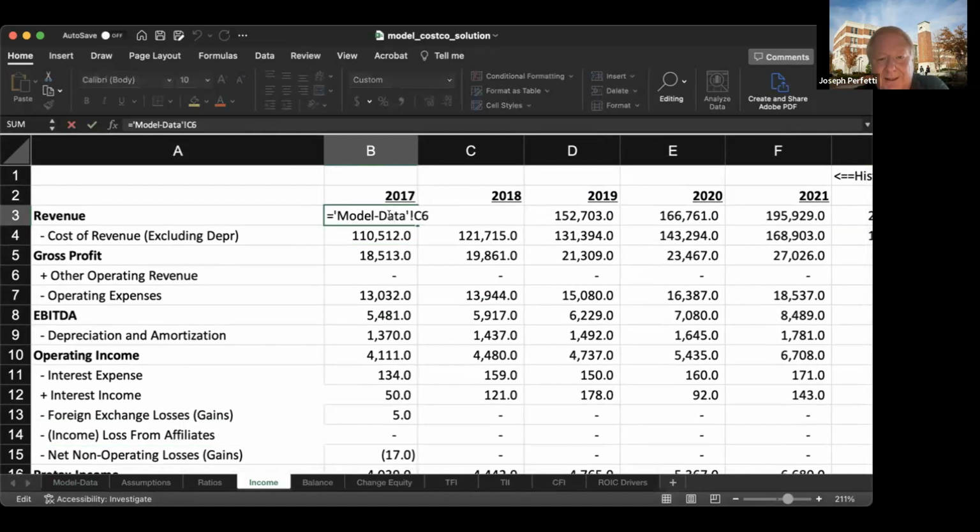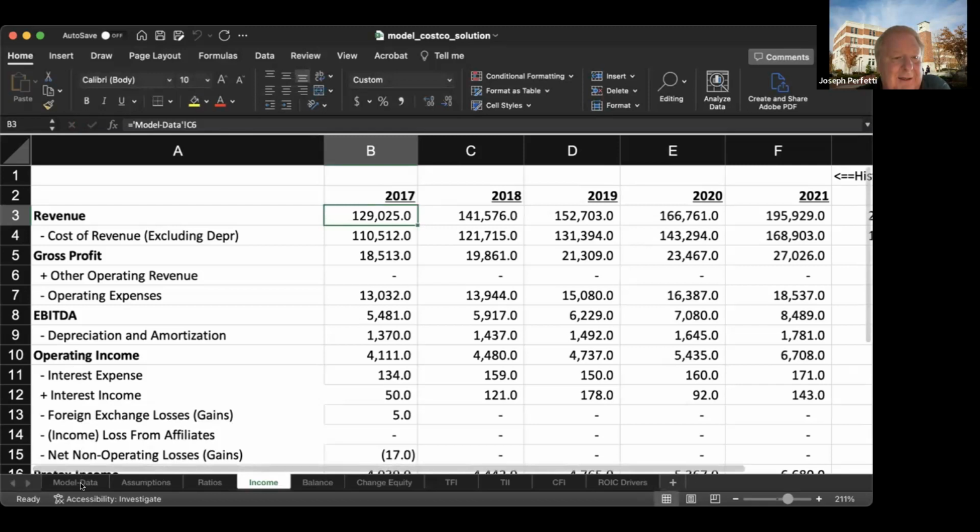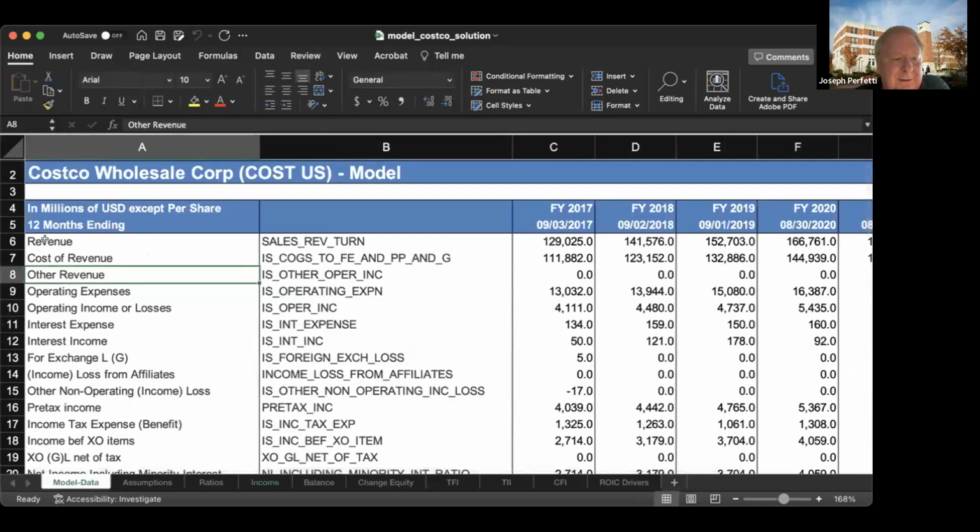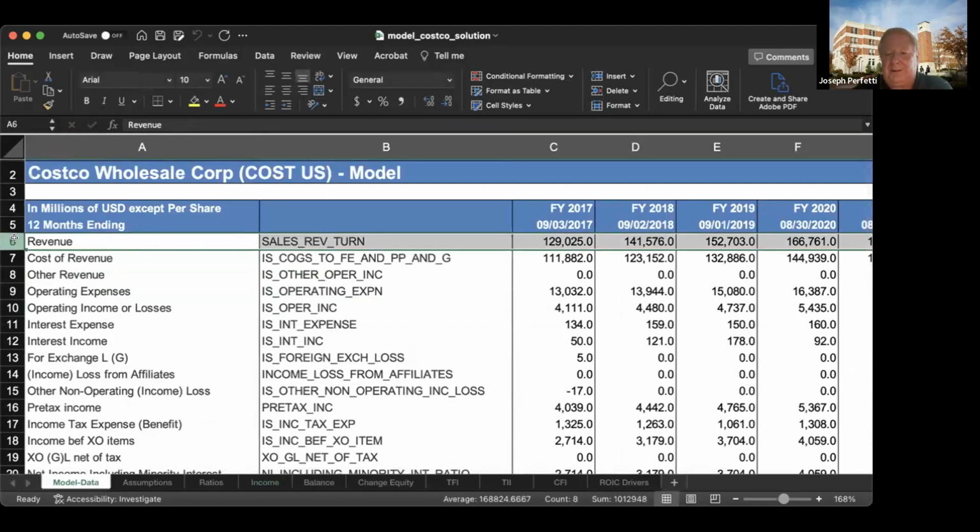If you click on it, you'll see that that's coming from model data 6, and model data 6 is row 6, which is the raw feed of the revenue that is coming for Costco, right?